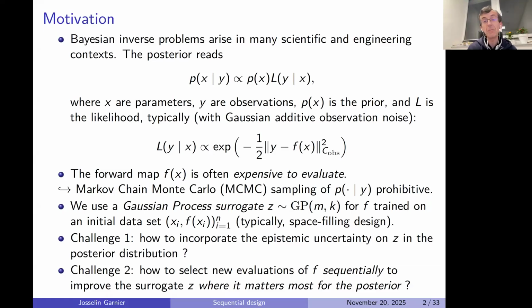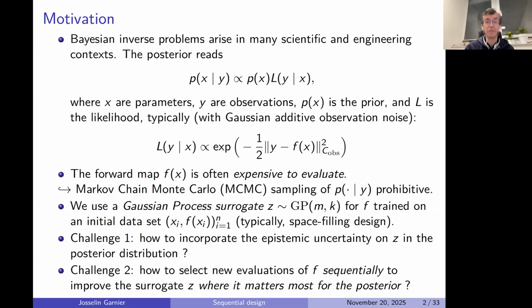So the idea is to replace this costly forward map F by something that is cheap to call, and then run the MCMC algorithm with this surrogate model. But we would like to do that very accurately and take into account the fact that the surrogate model is not perfect.